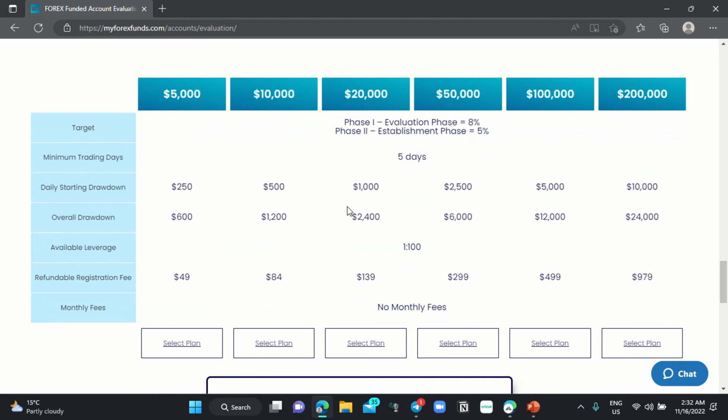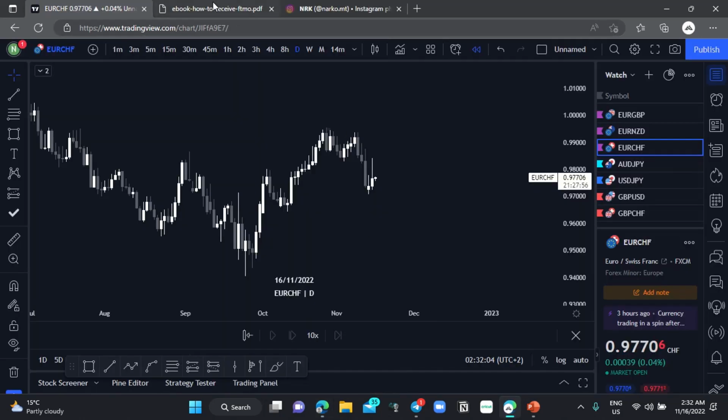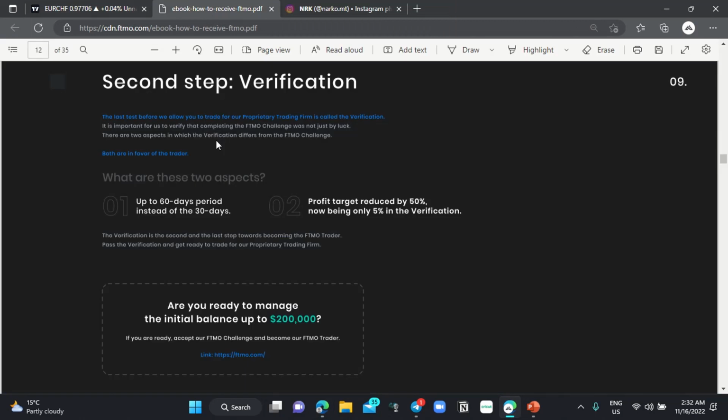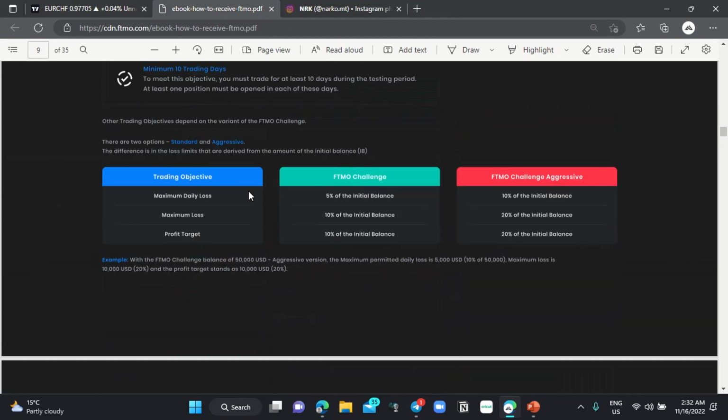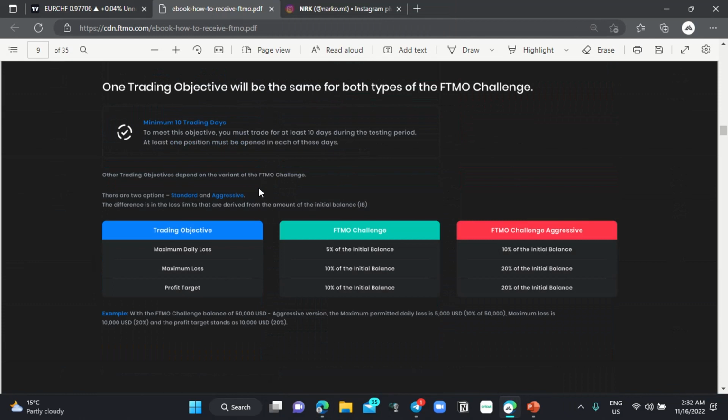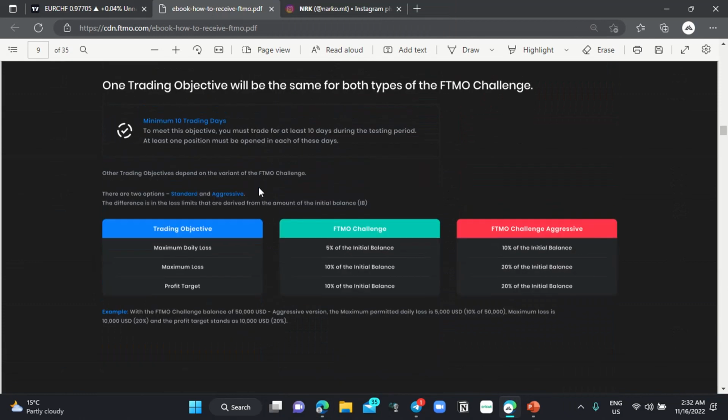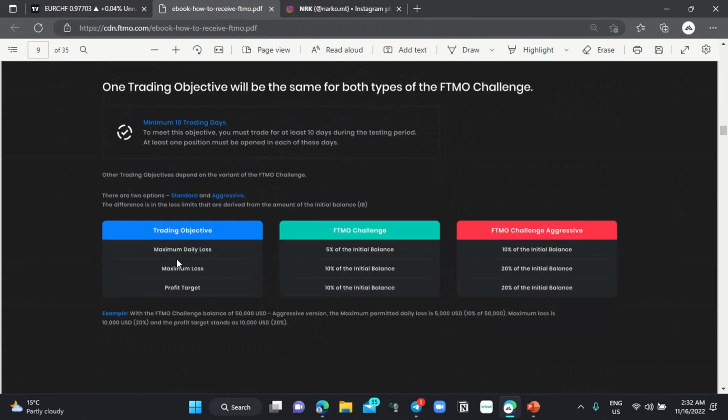Now moving on to FTMO. For the first phase, maximum daily loss is 5% of the initial balance, maximum loss is 10% of the initial balance, and the profit target is 10% of the initial balance.